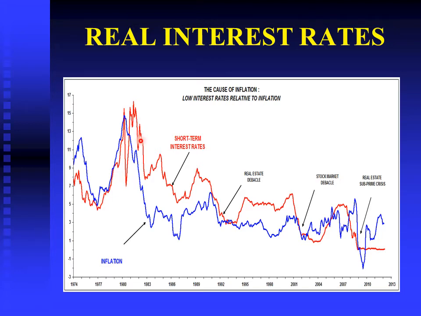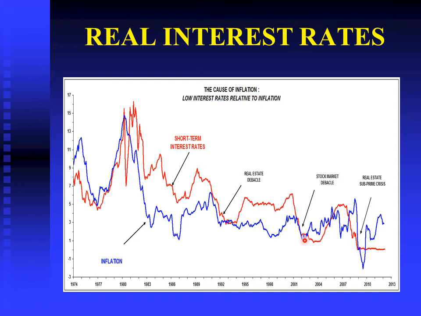Notice how the red line is short-term interest rates, and the blue line is inflation. Notice how there have been 3 basic periods since 1974. The first period goes up to 1982, when short-term rates were below inflation. Then beginning in 1982, short-term rates were consistently above inflation until 2001.